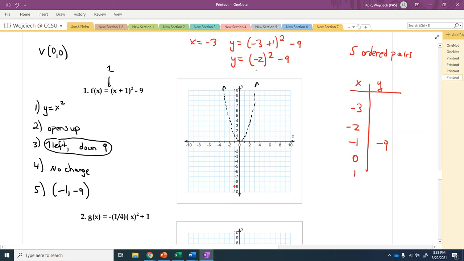Negative 2 times negative 2 is positive 4 minus 9. Okay? And 4 minus 9 is negative 5. So when x is negative 3, y is negative 5. So the ordered pair would be negative 3, negative 5. Let's plot this. You go negative 3, negative 5.